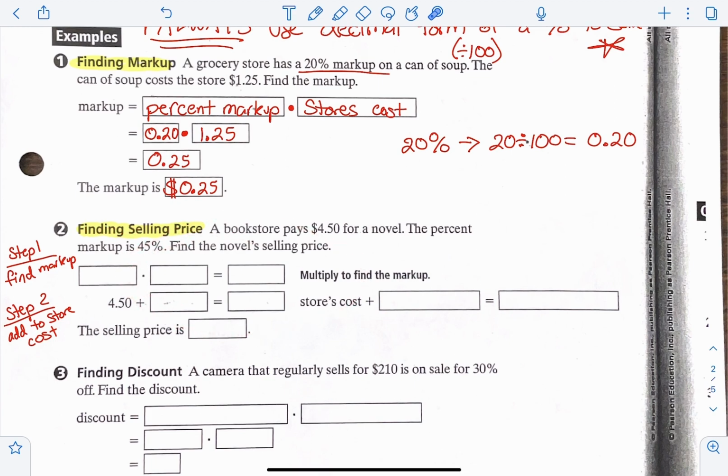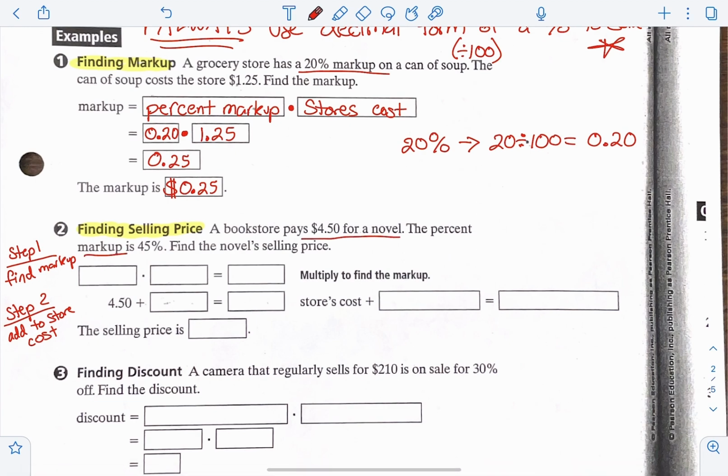So we're going to figure out step 1, find the markup like we did, where we're going to figure out how much they actually mark it up. And then we're going to step 2, add that to what they pay to figure out how much they actually sell it for. So to find the markup, percent markup times store's cost. They pay $4.50 for a novel.